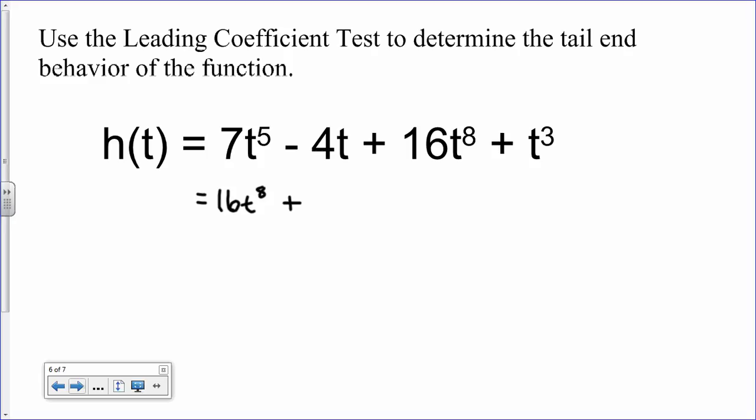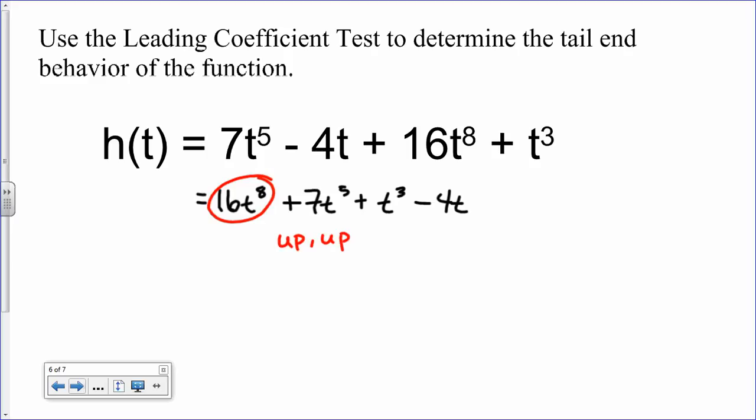Then 7t to the 5th, and then minus 14. So my dominant term is 16t to the 8th. So the degree is even or odd? Even. The leading coefficient, positive or negative? So my end behavior, again, is up, up.